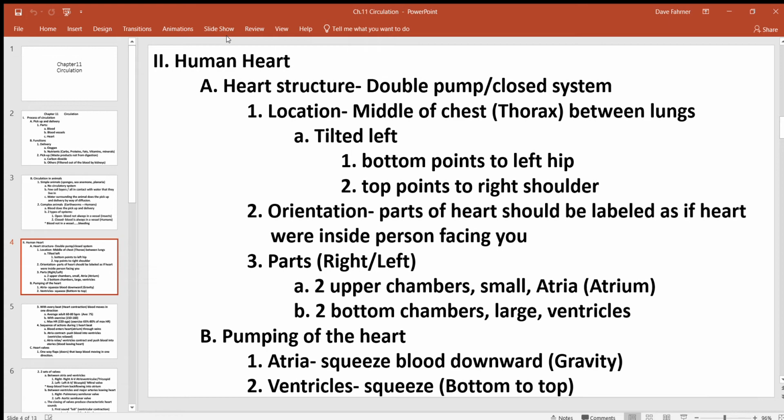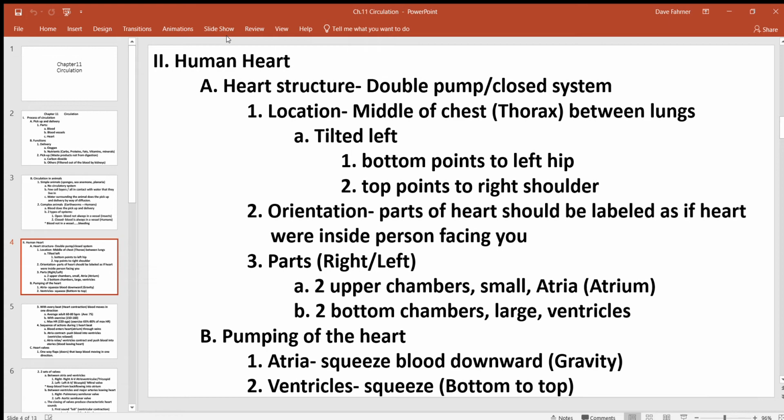Basically, it's located in the middle of your thorax, your chest, between your lungs, and the heart itself has a pointed bottom portion, which we call the apex, and then the top wider portion is called the base. The apex is going to be tilted slightly to the left, where it will point to your left hip, and the top base part would be pointing toward your right shoulder. So it does sit in the middle of your chest, but it tilts slightly to the left, with the apex of the heart moving toward the left.